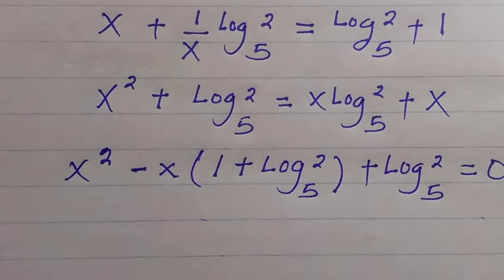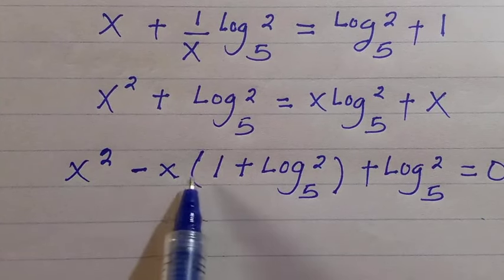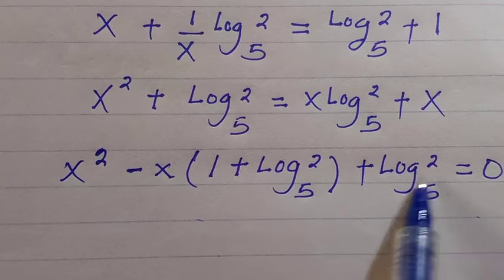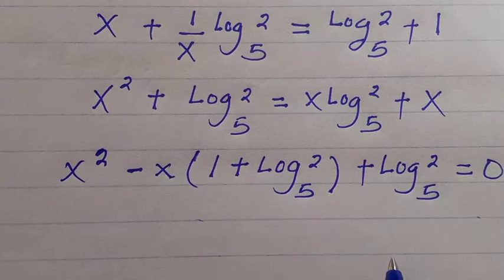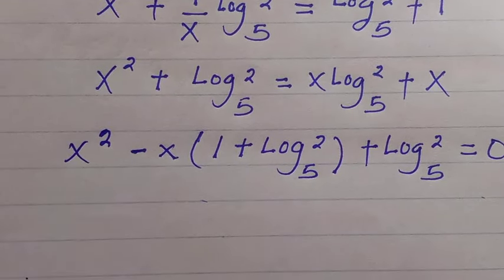Looking at this, here is a quadratic equation. Here is x squared, while this is x, and here is its coefficient, while this is the constant term. So by applying the quadratic formula, we are going to get the value of x.